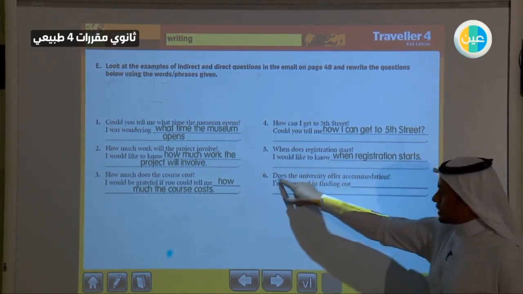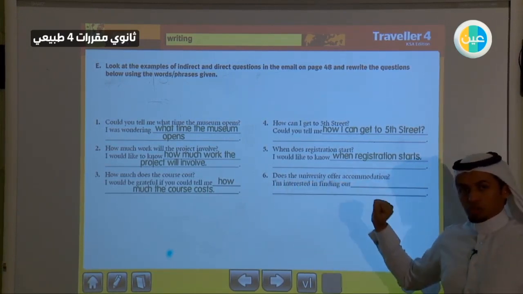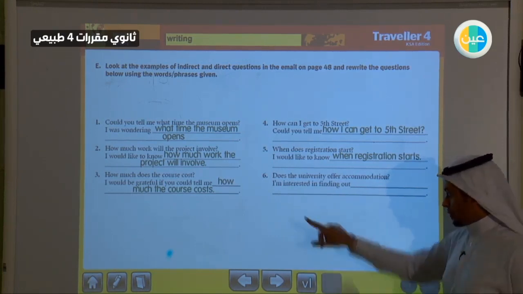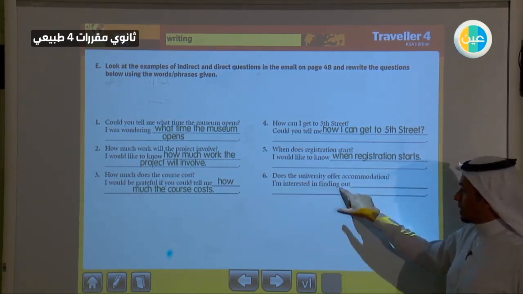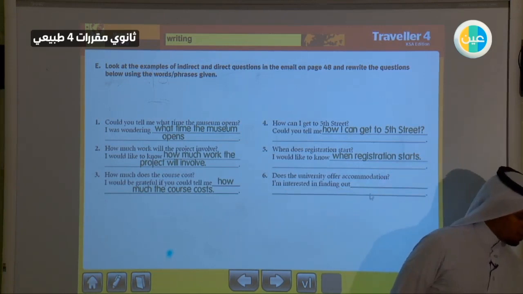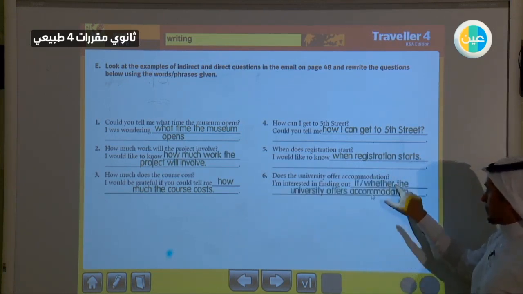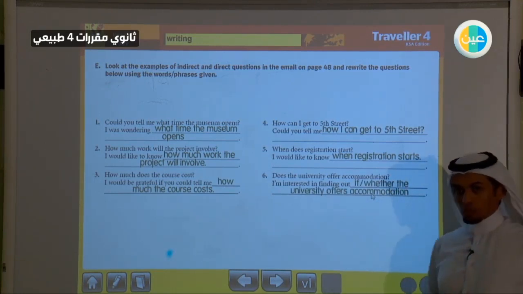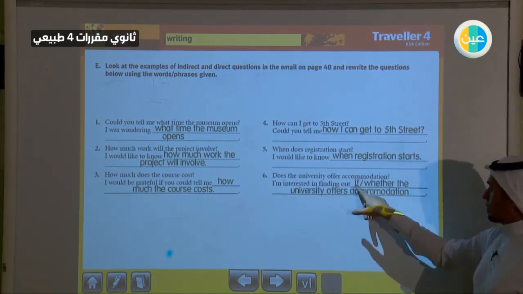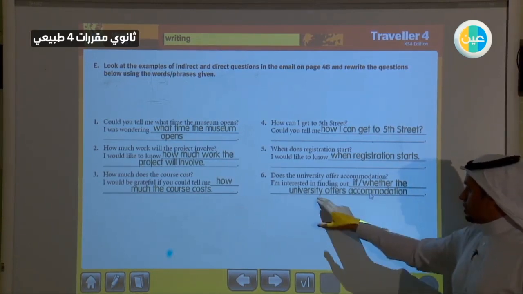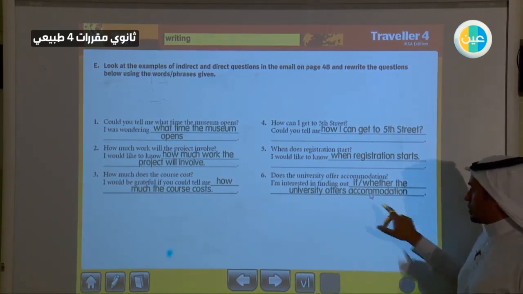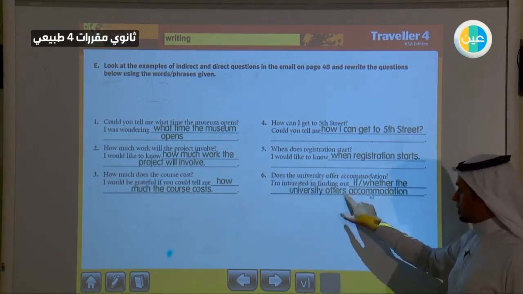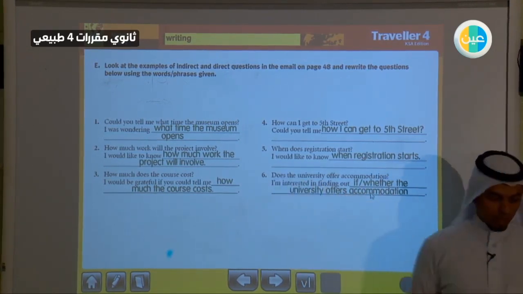So the question here is a yes or no question, so we use if or whether. I am interested in finding out if or whether the university offers accommodation. I would like to know if the university offers accommodation. Again, we didn't include does, but we added s to the verb.